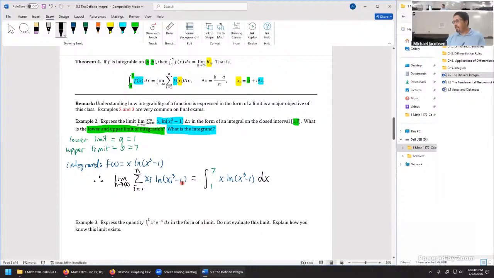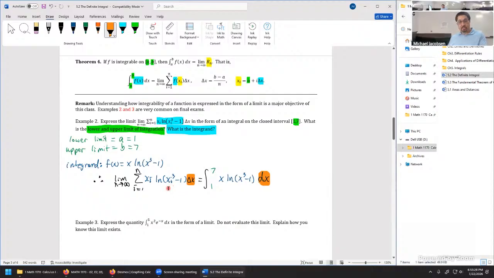And I did forget one thing. There's a lot of moving parts here, it seems. Delta x, that part here became the dx. I feel like I'm running out of color, so we already used the yellow one, so let's use a different color. Orange usually means I'm running out of colors to describe the problem. But that's the whole process.